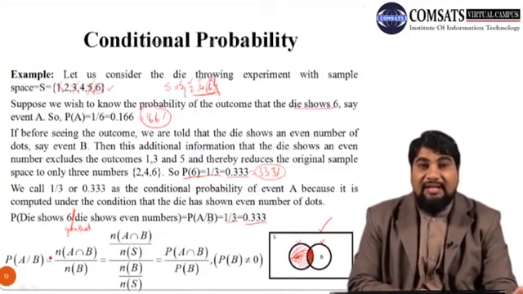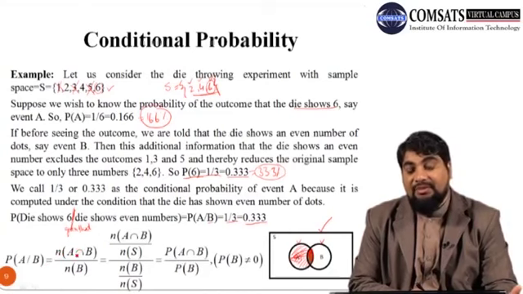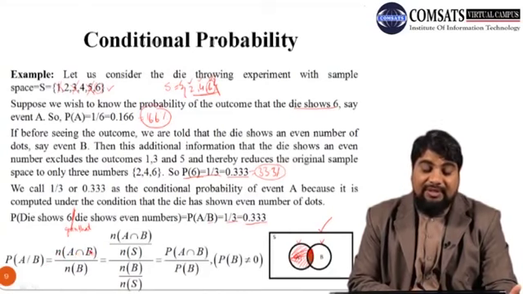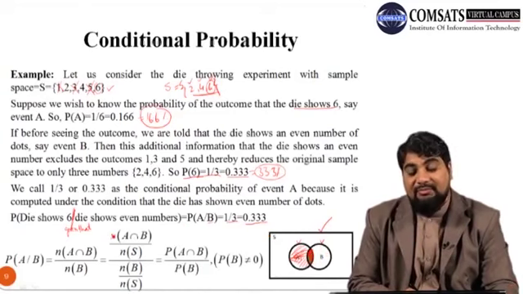So the probability of A given B is the number of sample points common to both A and B, divided by the total number of sample points in B.